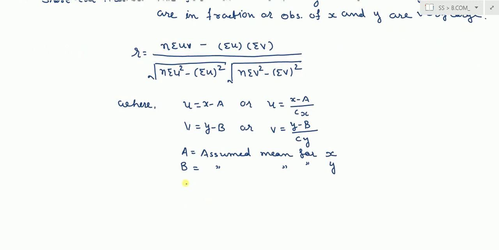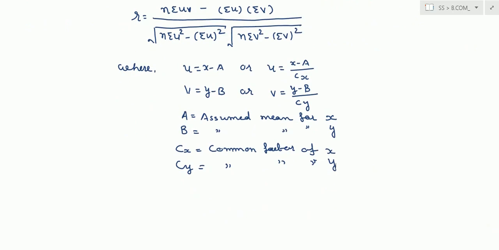Cx is equals to common factor of x and cy is equals to common factor of y. Most important formula of Karl Pearson's method.